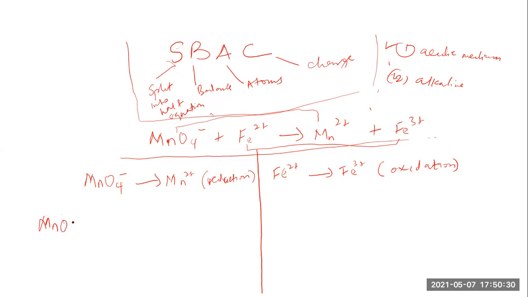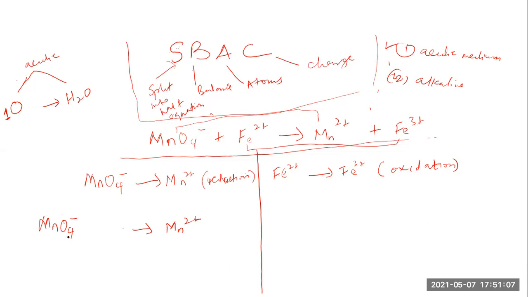If I have MnO4 minus turns to Mn2 plus, and I want to balance the atoms in acidic medium, if there is one deficiency of oxygen, I must balance with one molecule of water.